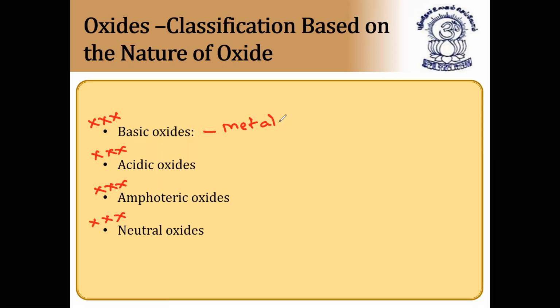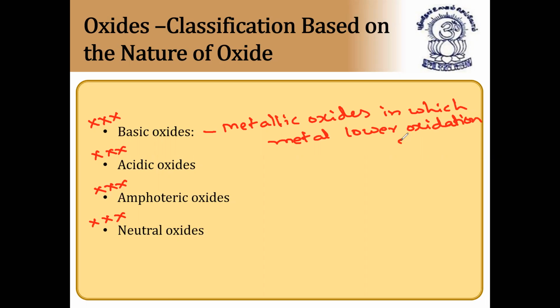Metals in lower oxidation state. Metallic oxides are basic in nature, in which, please note down this point, the metal has a lower oxidation state. So first group and second group metallic oxides are basic in nature, and d-block elements are all metals.